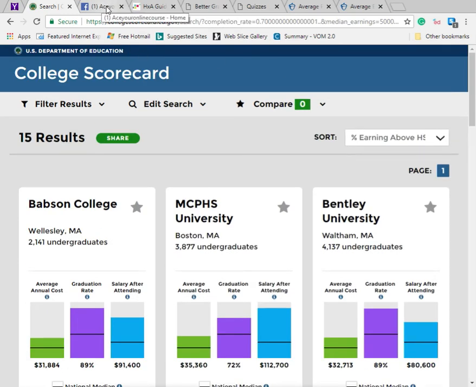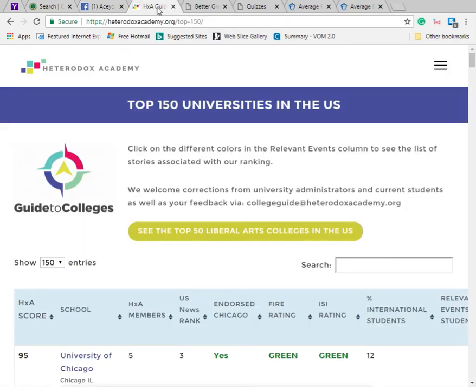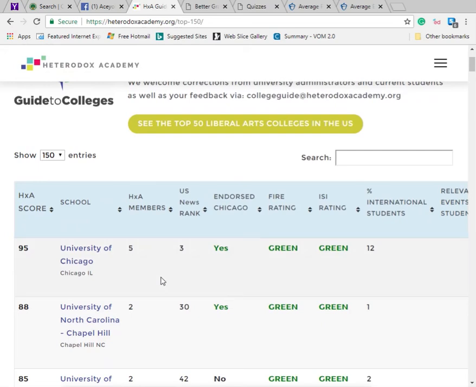And while you're at it, since this is going to be put on the ACE Your Online Course Facebook page, take a look at that, and also take a look at the Heterodox Academy. You also want to be sure that the college that you choose or the university you choose allows free speech on campus.